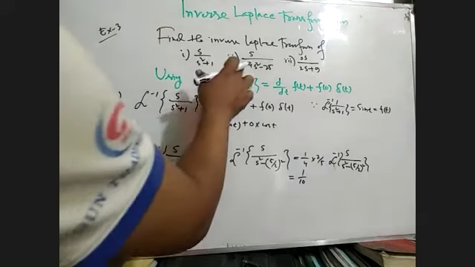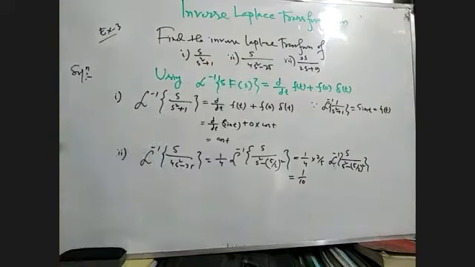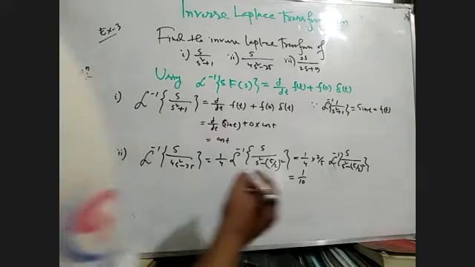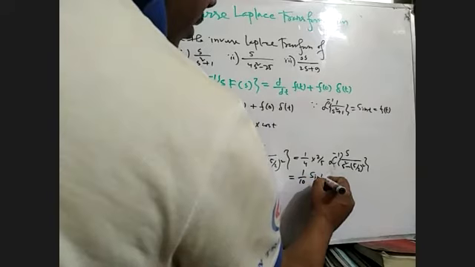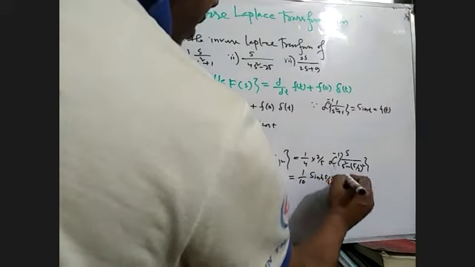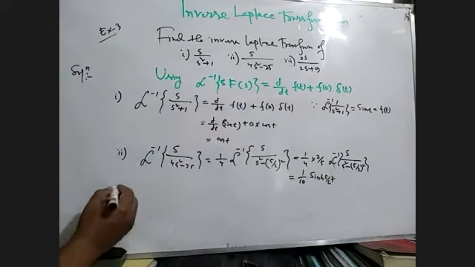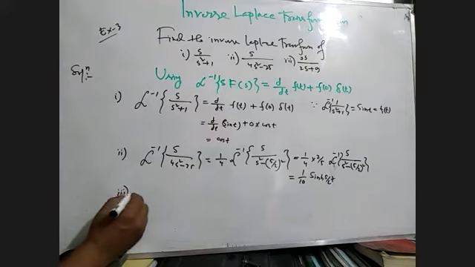Here, as multiplying by s property, 1 by 10 sine hyperbolic 5 by 2 t. This is the result. Now, example 3.